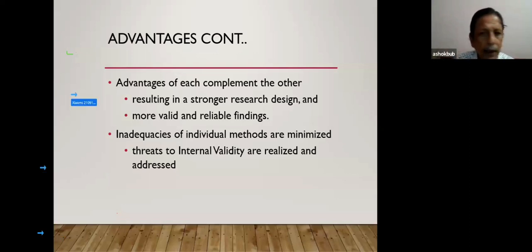When you take the outliers, you find to what extent there is similarity or compatibility, or difference, and why that difference is there. You say that to this extent it is applicable, and these are the factors where it is not applicable. This is where a stronger research design and more valid and reliable findings become possible.